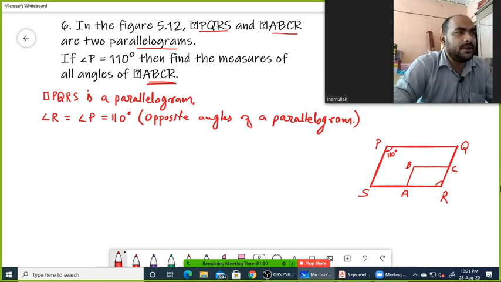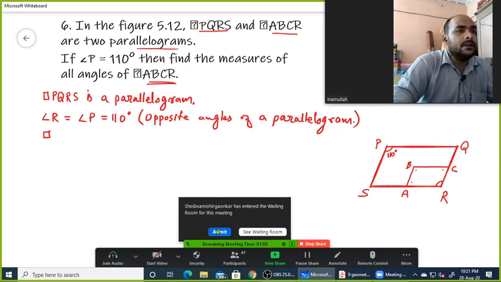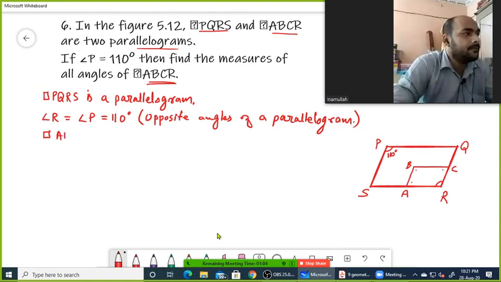Now we have three more angles to go, that is angle A, angle B and angle C. In case of angle B, here again I can say quadrilateral ABCR is a parallelogram, which is already given.